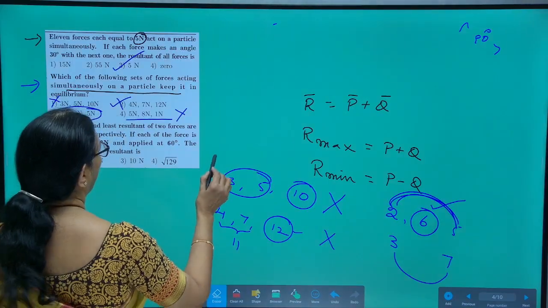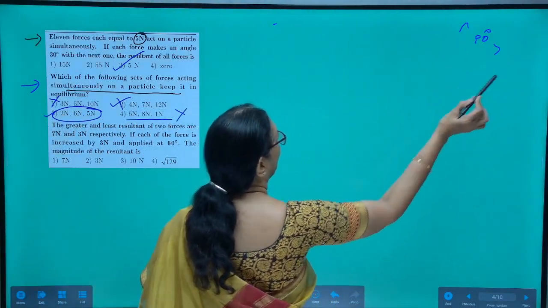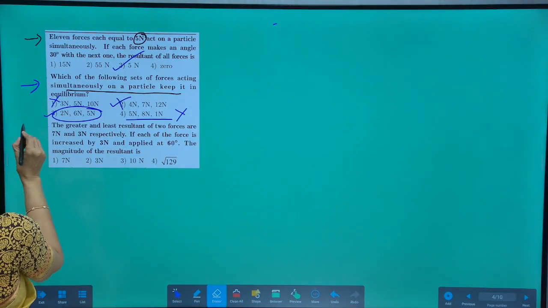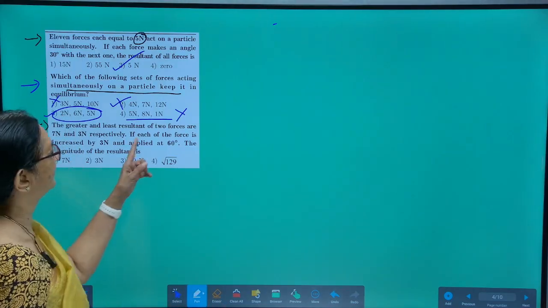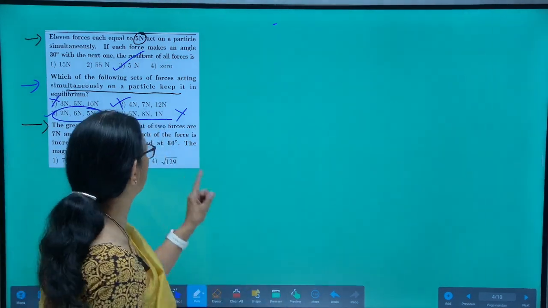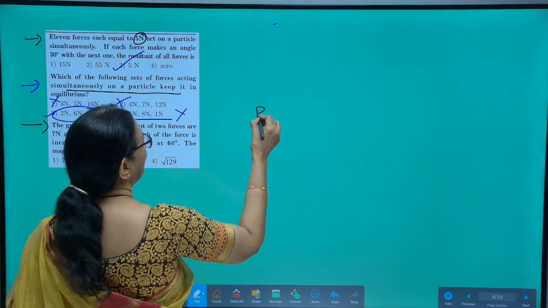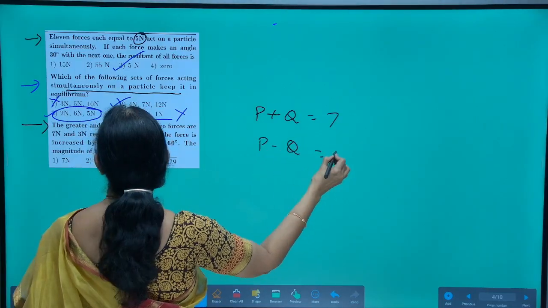Okay? Now, let us go to the next problem. Look here. In this problem we are going to see the greater and least resultant of two forces. The greater and least resultant of two forces are 7 and 3. That is, P plus Q is 7, P minus Q is 3.